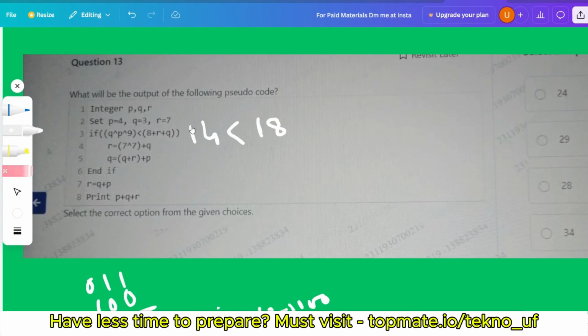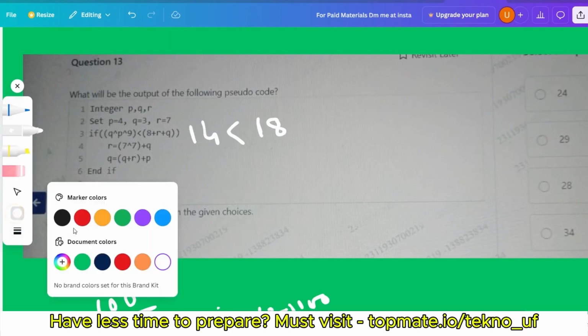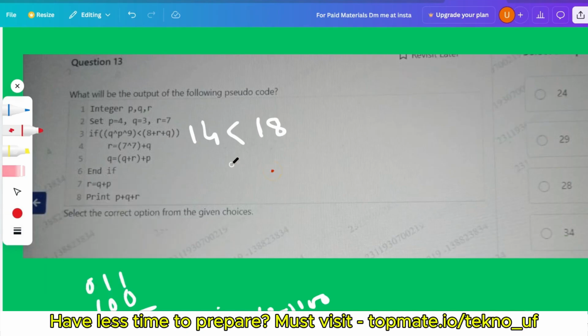So let's just change the color of the pen. So 7 XOR 7 means what? I'm telling you one trick. 7 means 1 1 1 and 1 1 1. In case of the XOR operation, if both are same, this is false, this is false, this is false. So this is equivalent to 0.